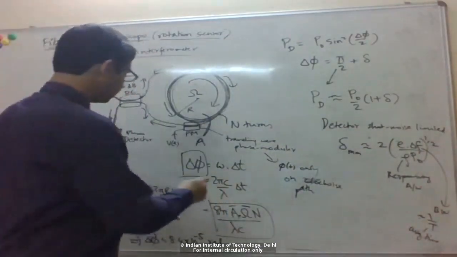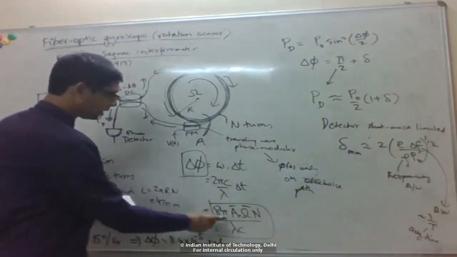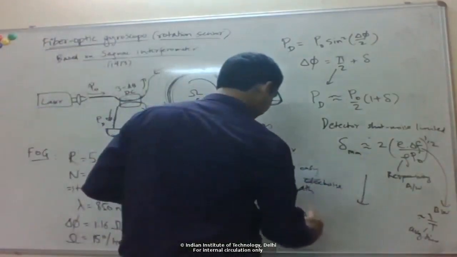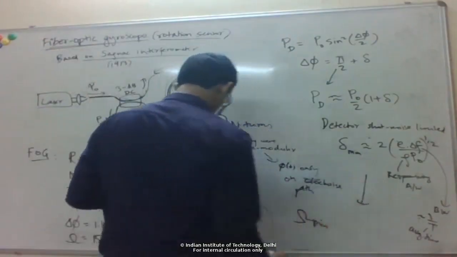From this relationship between the phase shift and the rotation, this translates to a minimum detectable rotation rate.